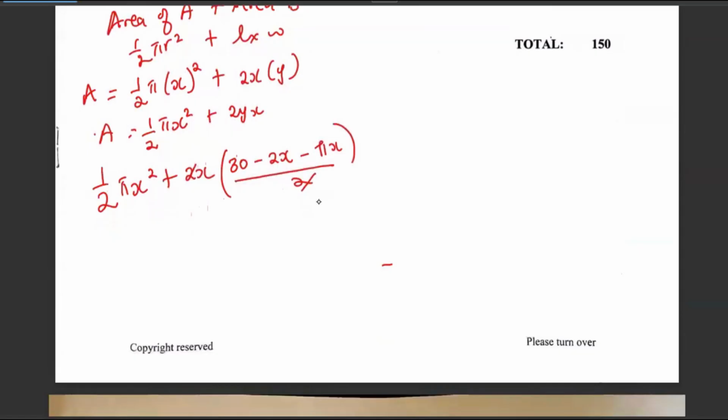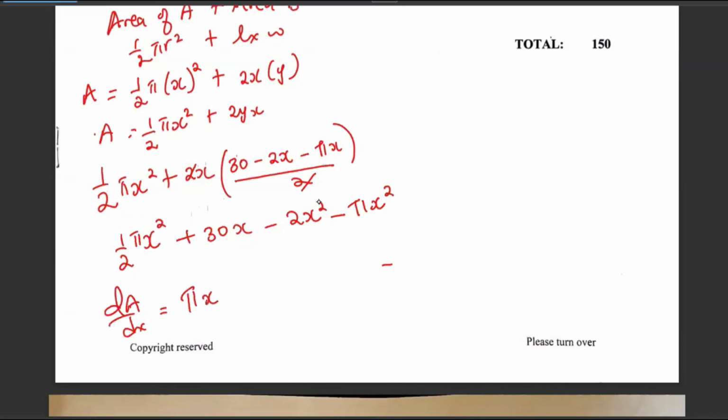So I'm left with just a half pi x squared plus 30x minus 2x squared minus half pi x squared. Then let me get the derivative, dA by dx. That's going to be pi x plus 30 minus 4x minus 2 pi x, equivalent to 0.